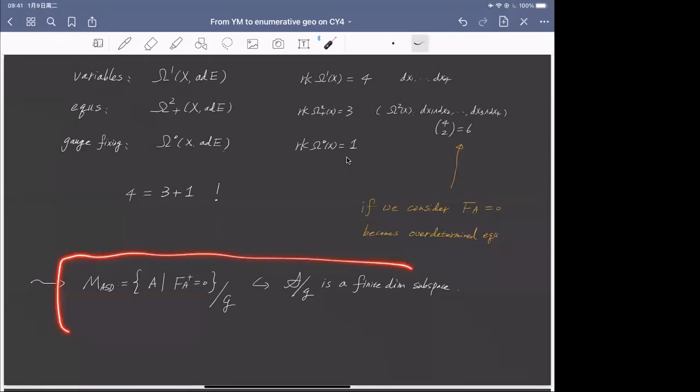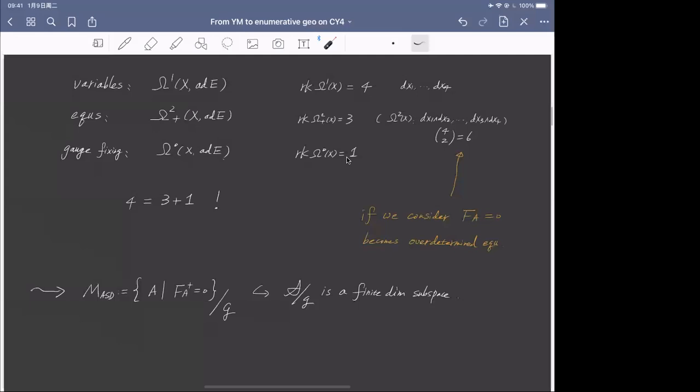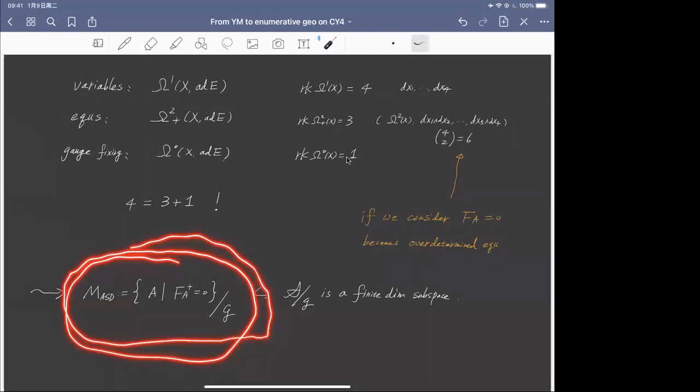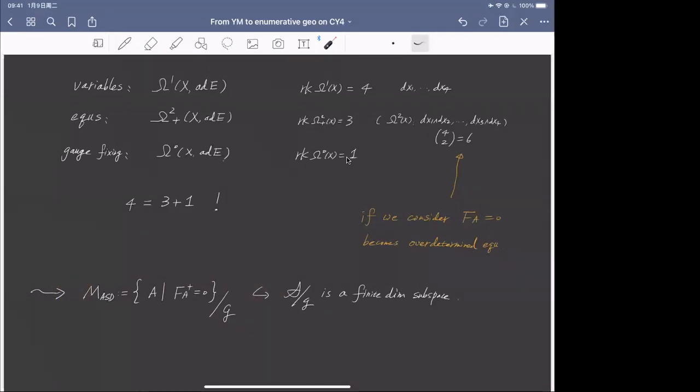This is a consequence of the ellipticity of these equations, and it is quite a remarkable phenomenon. Then the interesting thing is that we can study the geometry and topology of this moduli space. Now that it is finite dimensional, mathematicians have a lot of tools to study such a space.